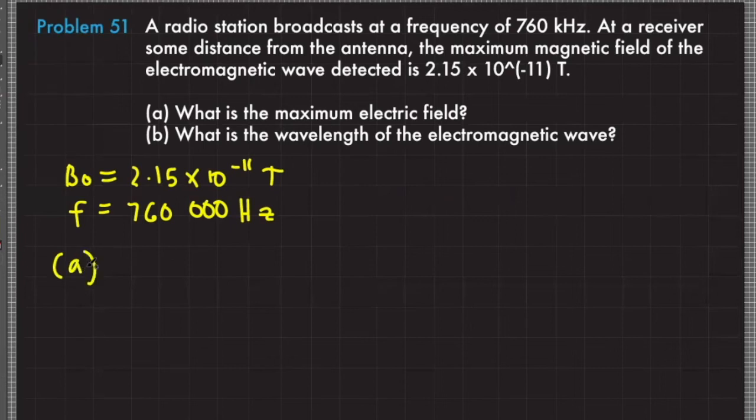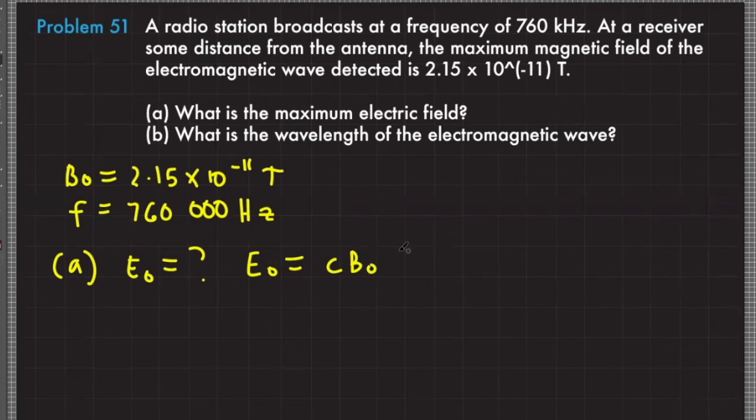We were able to derive a relationship between the magnetic field amplitude and the electric field amplitude just by assuming that there is an equal amount of electric field energy density and magnetic field energy density. We're looking for E sub 0 here in part A, and the equation that relates E sub 0 and the given is E sub 0 equals C times B sub 0.